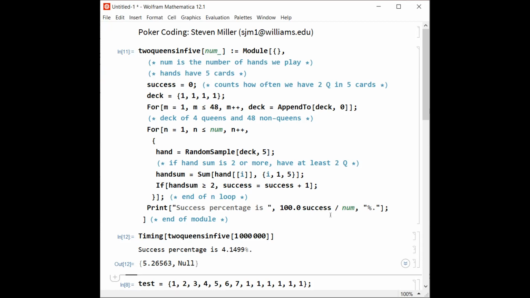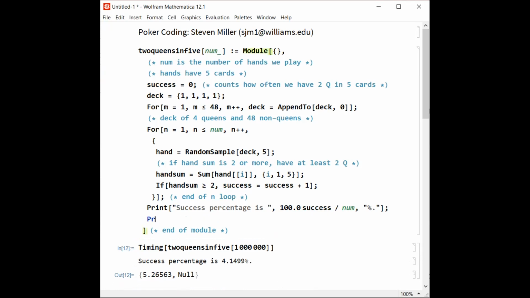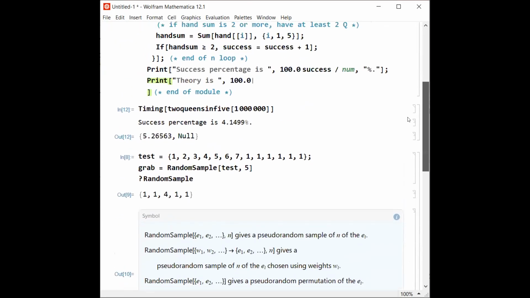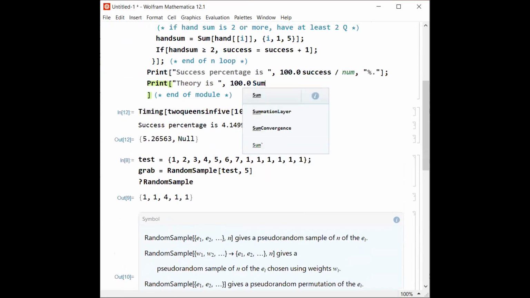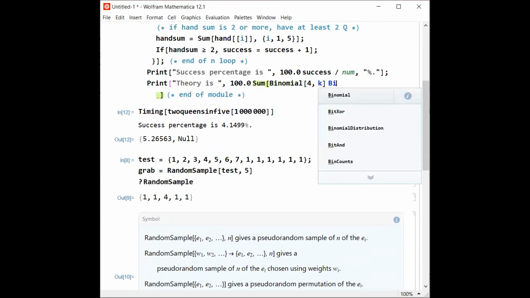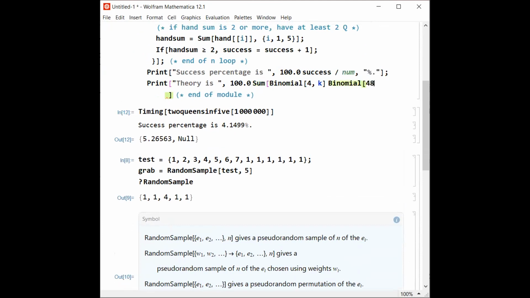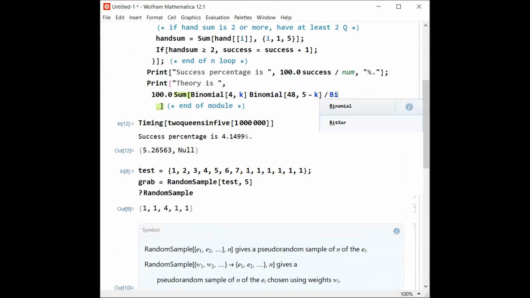What we could even do, we could add the sum of binomial, what choose k, binomial 48 choose 5 minus k.